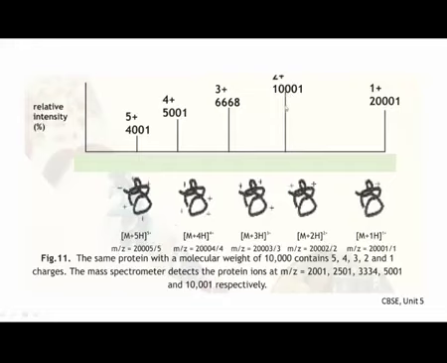So, it will look like some small spikes. Each one of these spikes actually represents the different charged ions of the same molecule, whereas the 10,000 one will be the one which will just give you the peak, the maximum one, and then there will be a distribution. So, this one represents a 10,000 molecular weight compound.